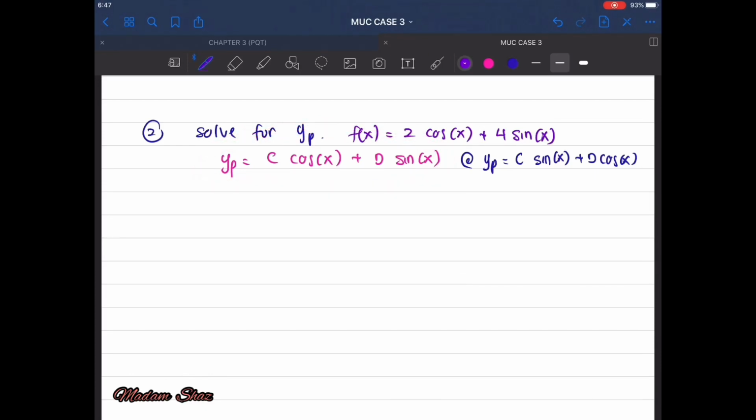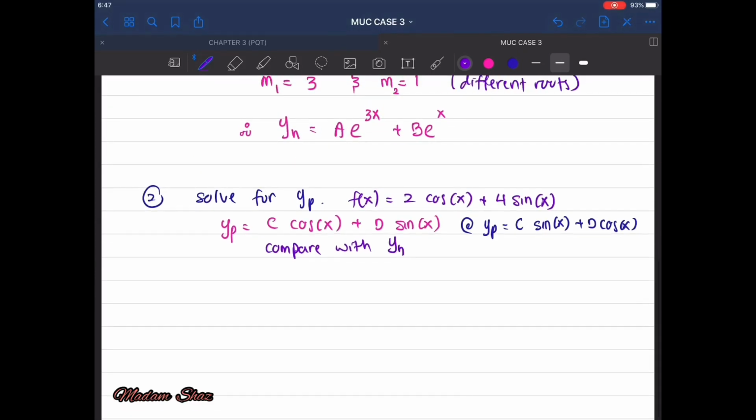So from our YP here, we need to compare with YH. So now compare your YP with the YH. YH here is A exponent 3x. Your YP here is in terms of cos and sin.